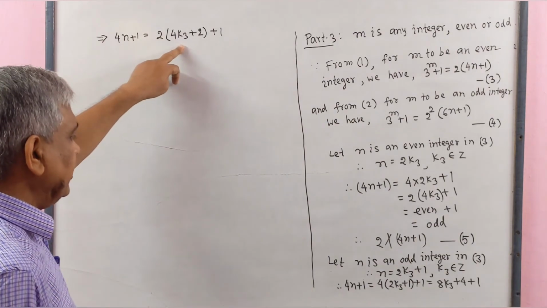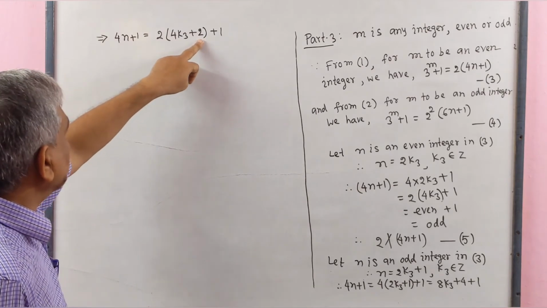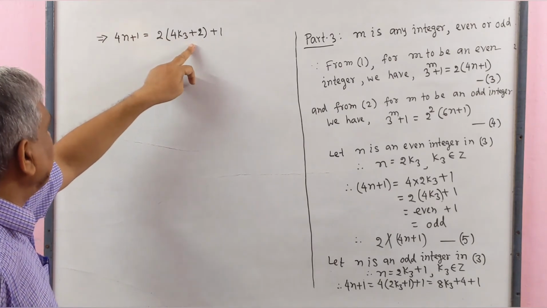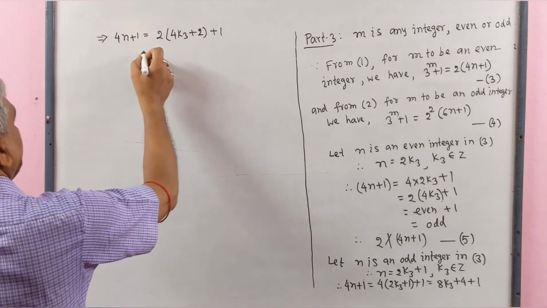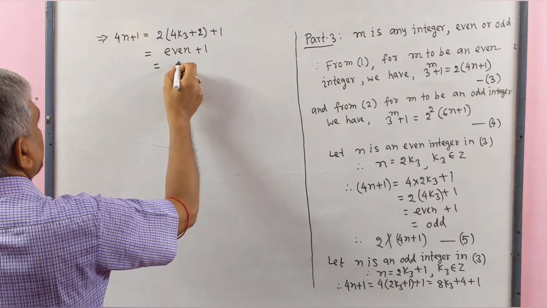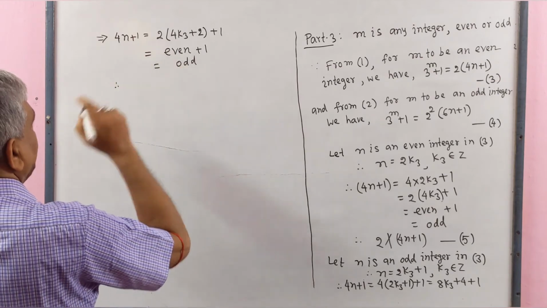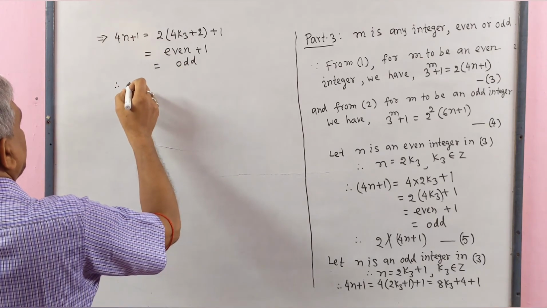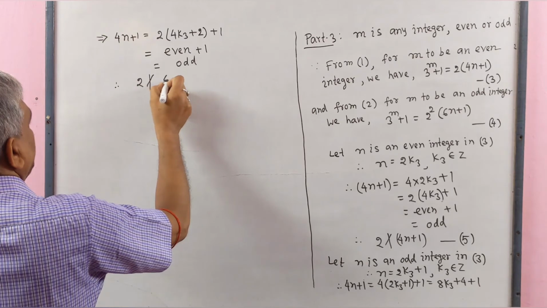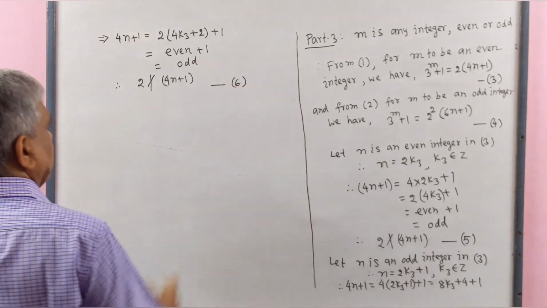Since k3 is an integer, 4k3 plus 2 is also an integer, and 2 multiplied by an integer is an even integer. This is even plus 1, which means odd. Therefore 4n plus 1 is an odd integer. Hence 2 does not divide 4n plus 1. This is number 6.